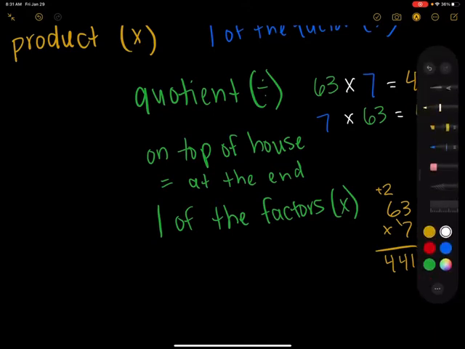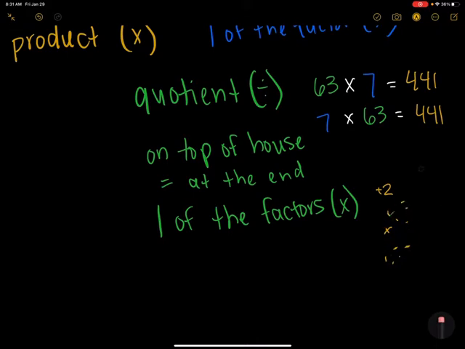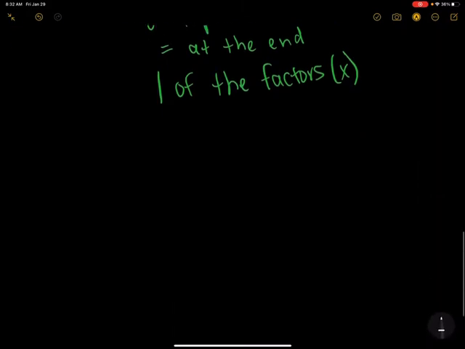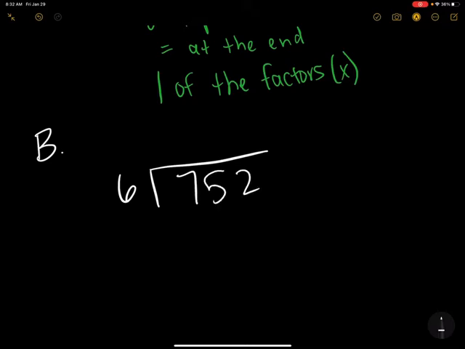Which is going to be B. I'm going to erase these problems right here, but I'm going to leave what we had for understanding the inverse operation, what becomes what. All right, so let's see, B. We are given 752 divided by 6, because this is our dividend, here's our divisor.